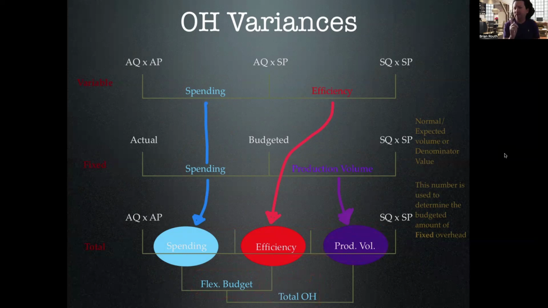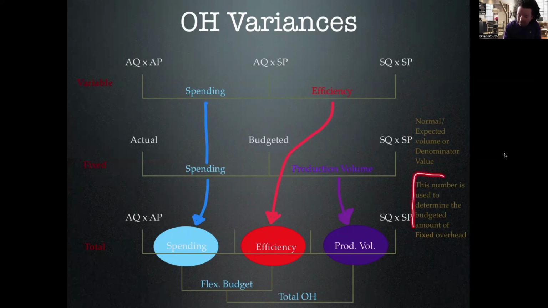Now, one additional thing I want to point out here is sometimes you'll be given a normal, expected, or budgeted volume, something along those lines that sounds like something that was planned, a planned volume, or denominator level. You may be given that. That is only used one place in all of Pegdom, and that is right here in the budgeted peg on the fixed overhead variance.